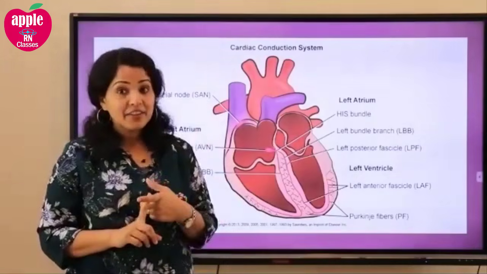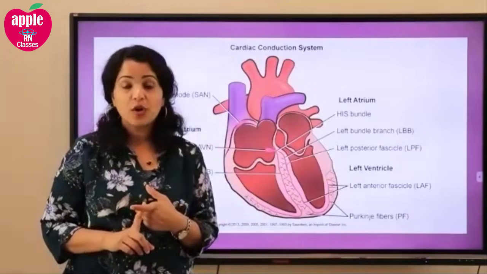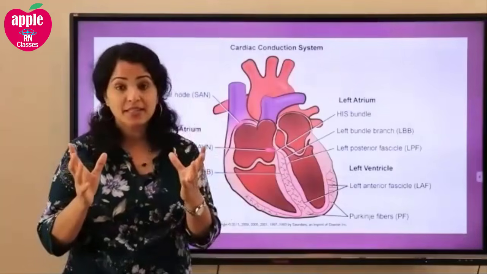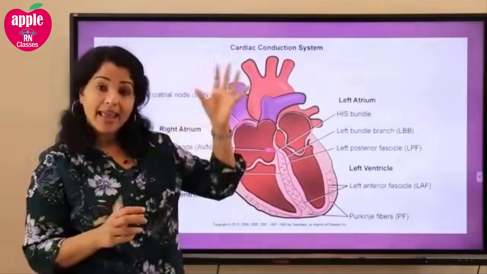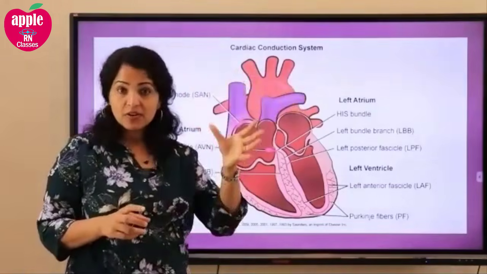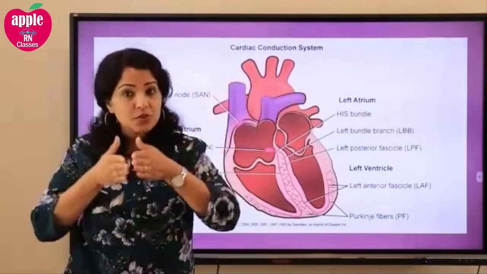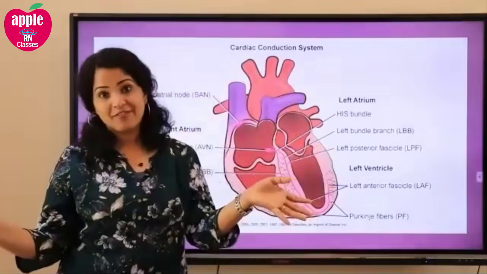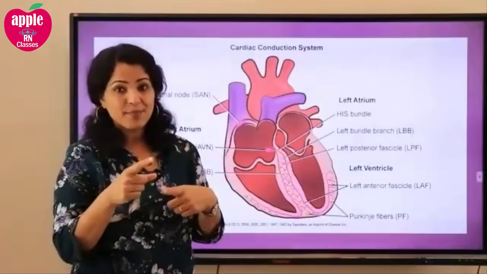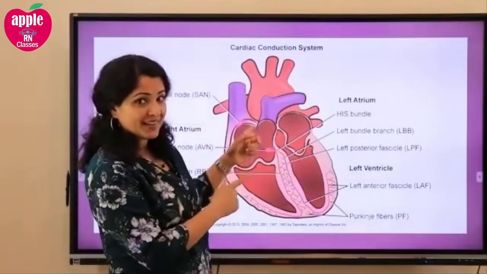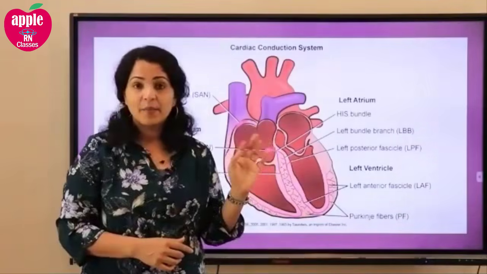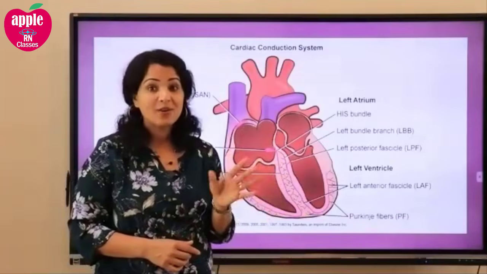That conduction pathway is the major thing that transfers the impulses from the SA node to the AV node, to the bundle of His, to the two bundle branches, and to the Purkinje fibers. Those words might be a little confusing, so let's go through them. There is a picture, and I think all of you know about the SA node.